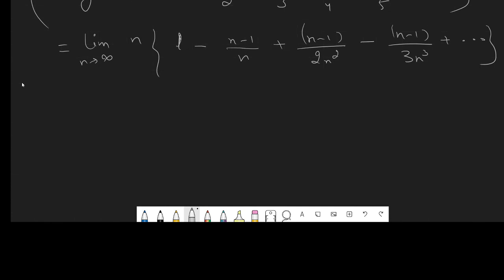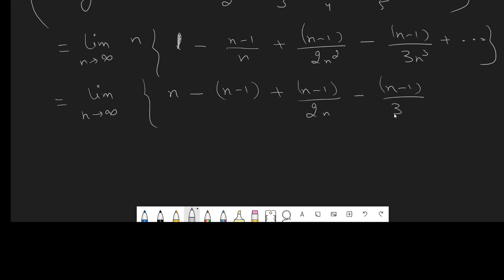Okay, now if we take n inside these brackets, then it will be limit n tends to infinity of 1 minus, and we have (n minus 1) by n, minus (n minus 1) divided by 2n squared, plus (n minus 1) divided by 3n squared, and so on.